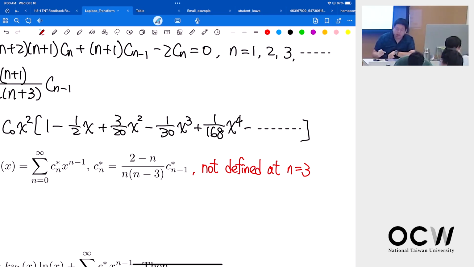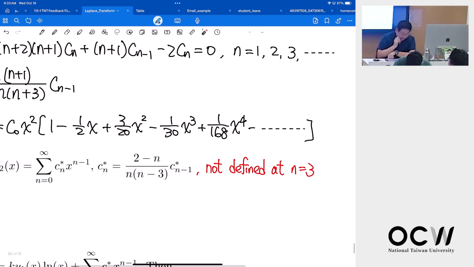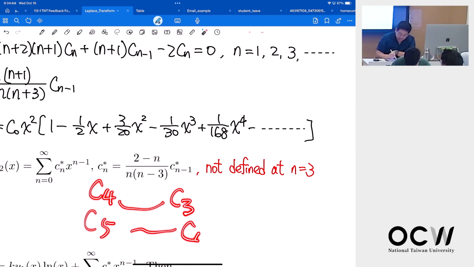If it is not defined at n equals 3, I cannot find c3 or even c4, c5, because c4 depends on c3, and c5 depends on c4.